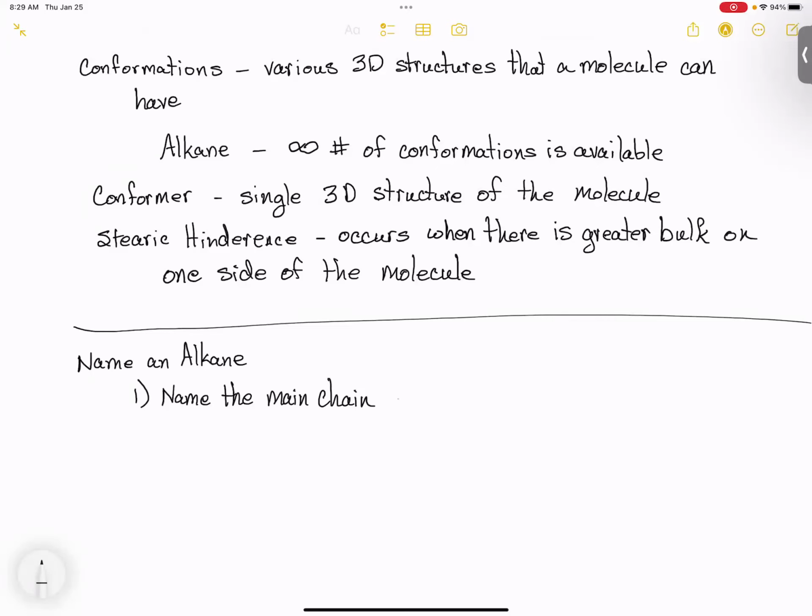The main chain is going to be the longest alkane chain. You're going to identify it by putting your pencil down and drawing a line and finding the longest line. It can be crooked, but you want the longest line that you can draw.